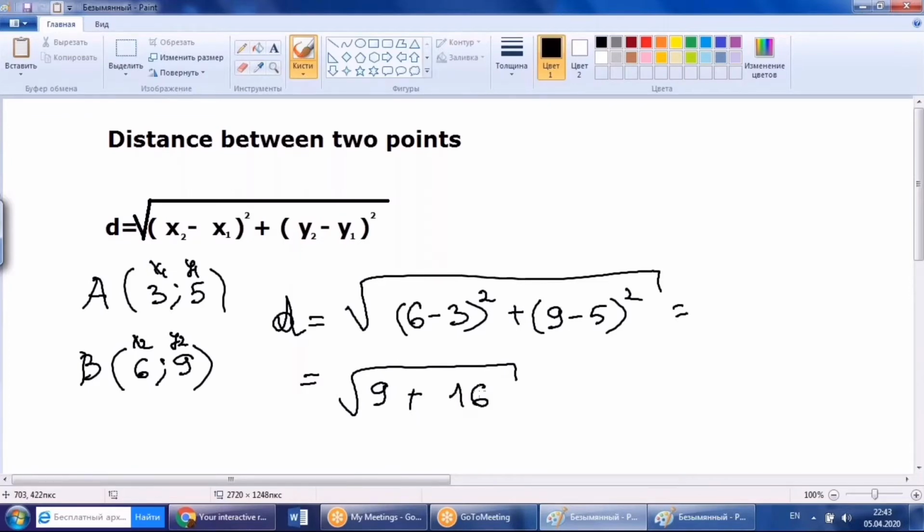So 9 plus 16 is 25, and the square root of 25 is 5. So the distance between these 2 points is 5.